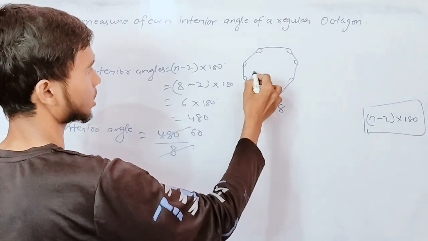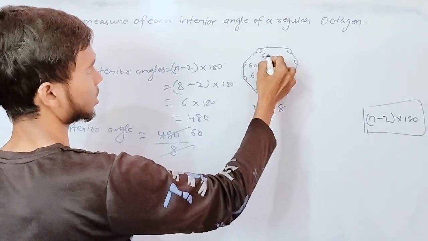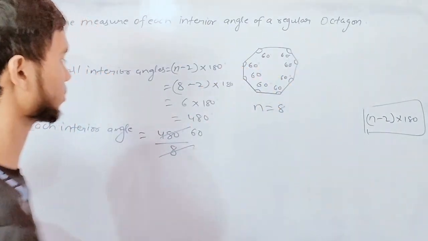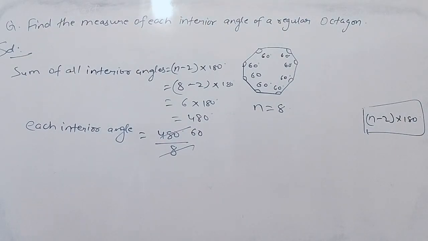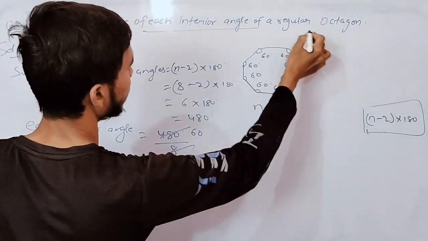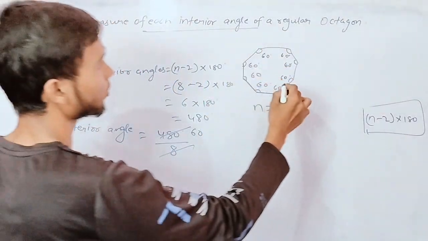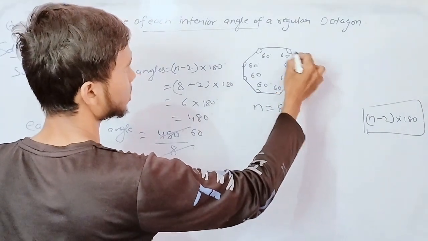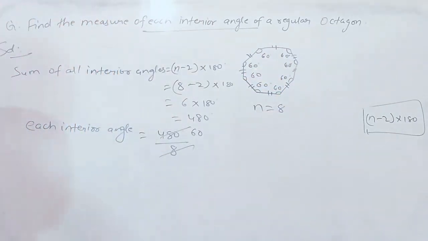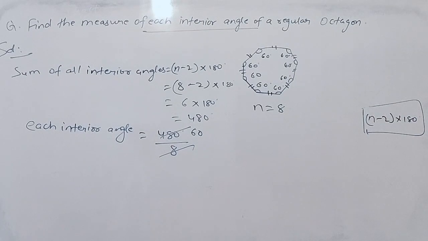It is saying this is 135, this is 135, and so on for all eight angles. Clear? So finally, we have found the answer for each interior angle of a regular octagon. Regular means this is equal to this, and so on; regular polygon means its sides are equal to each other.